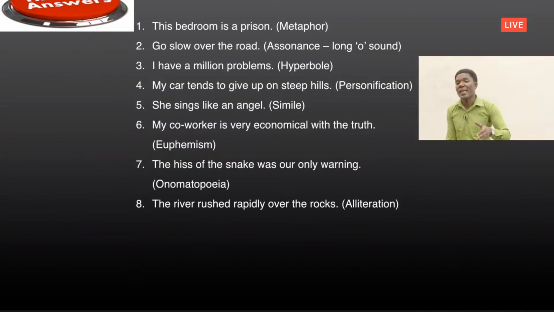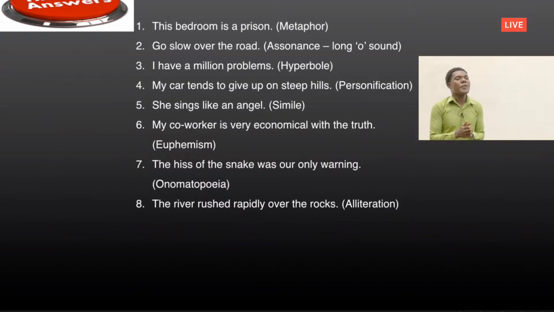We started going hiking and we were lost. And the hiss that the snake makes was the only warning that told us that the snake was right behind us. We had no time to escape. The snake plunged. You fill in the blanks. So that's onomatopoeia. The word hiss is the sound that it makes.